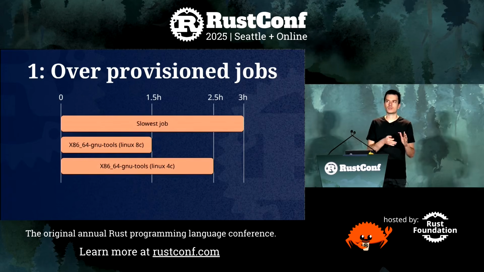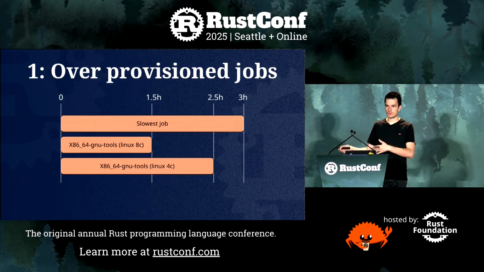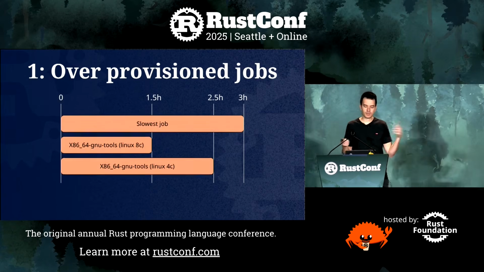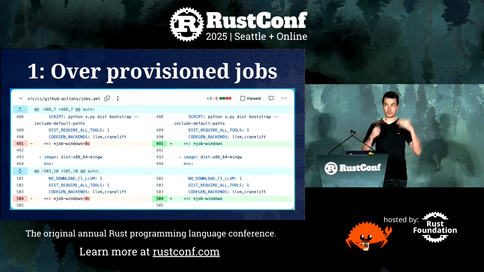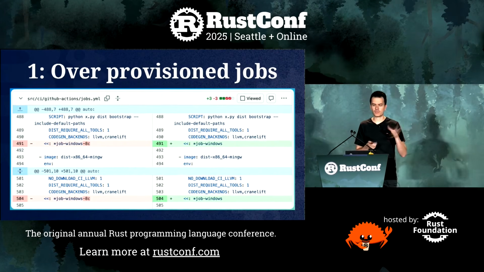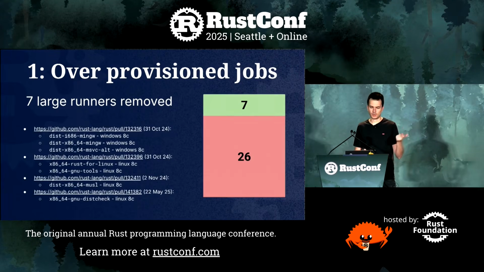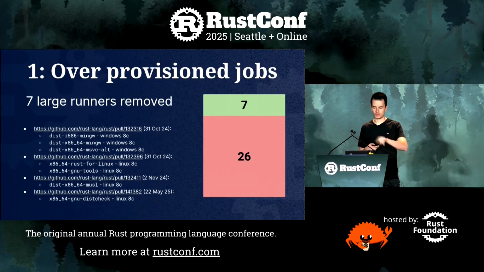If this job on the standard runner takes less than the slowest job, then it's totally acceptable if it takes a bit longer, because we are already waiting for the slowest job. So we converted all these over-provisioned jobs. Moving the runner for one job is as easy as changing one line, so this made it quite easy to run these experiments. With this technique, we removed 7 large runners, and we have 26 to go.